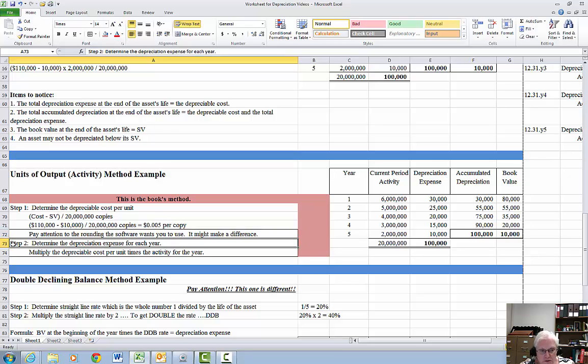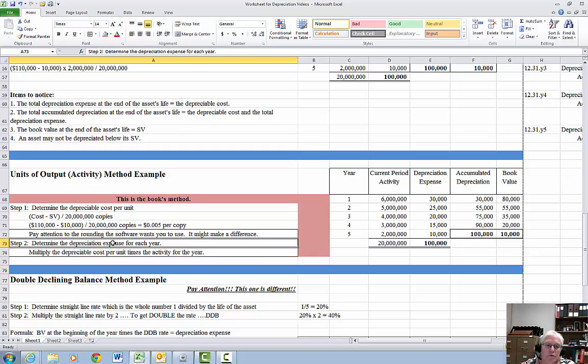Step 2 is to determine the depreciation expense for the year. Let me start over on this line.